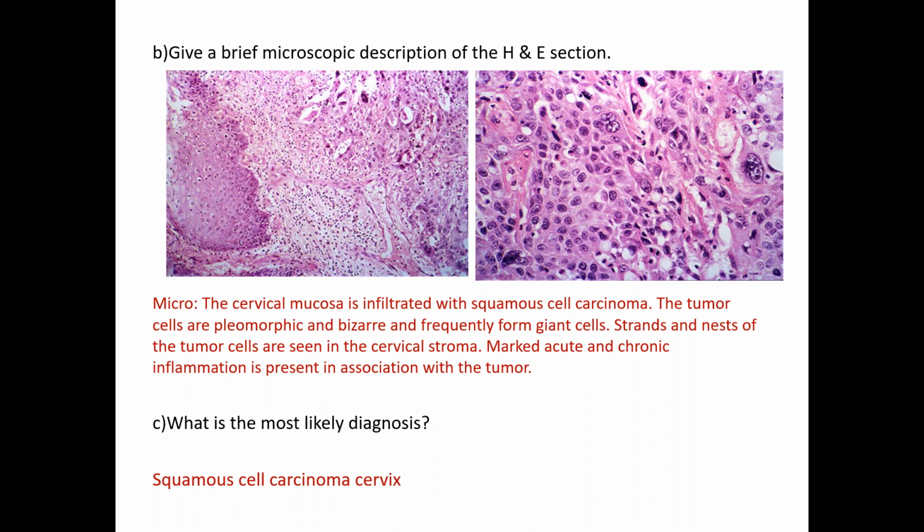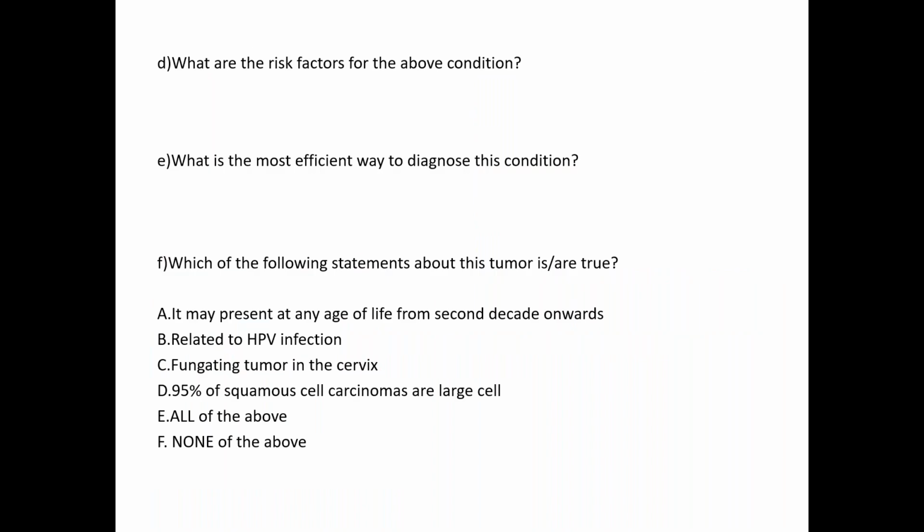Again, in the same case, we can ask what the risk factors for the above condition are, what is the most efficient way to diagnose this condition, and which of the following statements about this tumor are true.